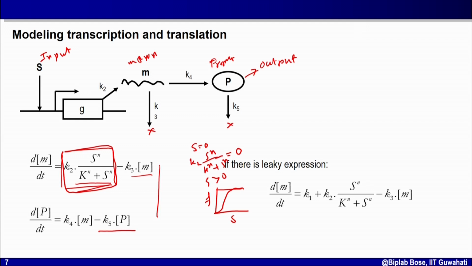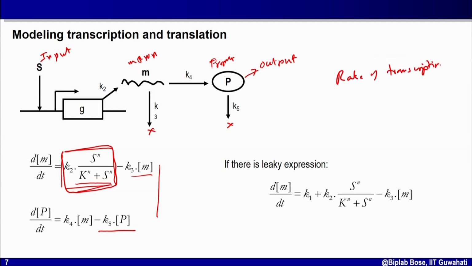Now we have to remember one critical issue here. Let us clean this part a bit so that you can see it clearly. If I consider the rate of transcription to be equal to k2 into s to the power n by k to the power n plus s to the power n, the way I have done here, then when s equals 0, the rate is also 0.